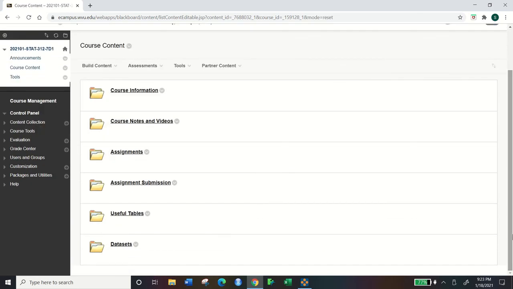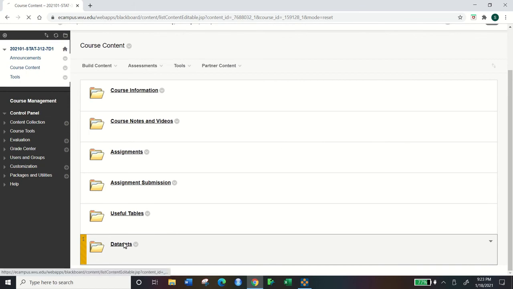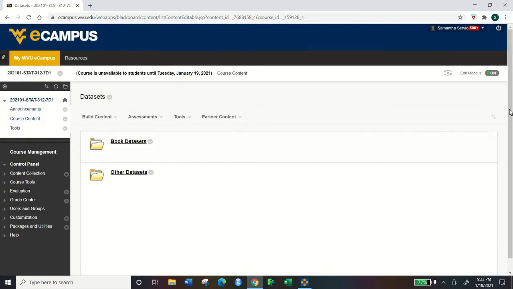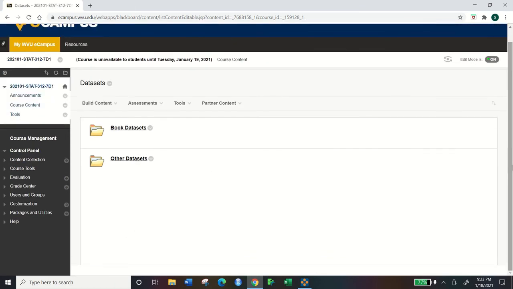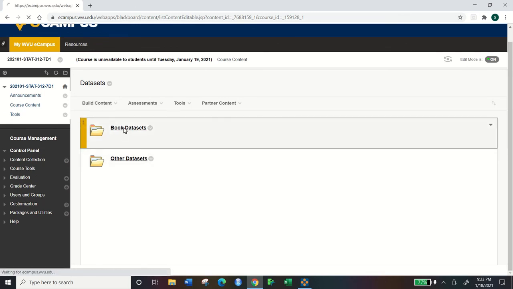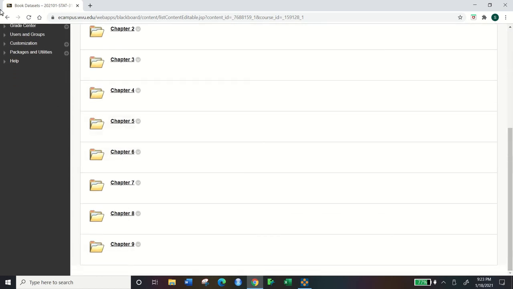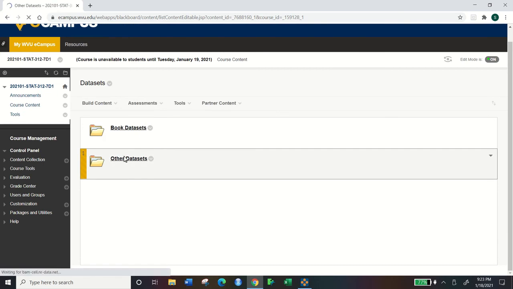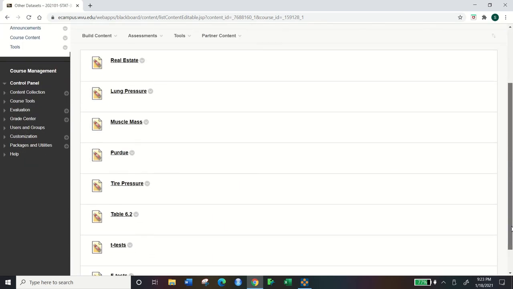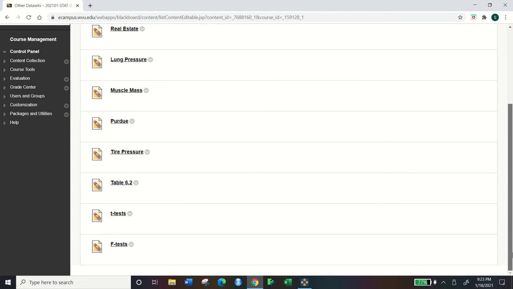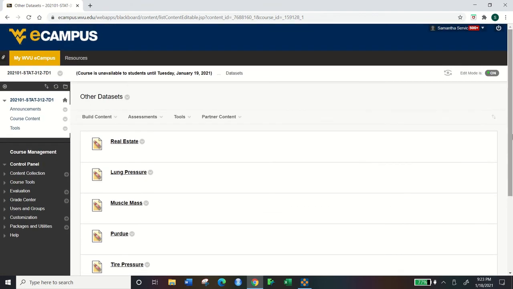And finally, under course content is the data sets. For all the data sets we use in this course to do our statistical analysis, some of them will come from the book, depending on which chapter we're in, or some of them might be other data sets that are not from your book, but regardless, they will be posted here on eCampus.